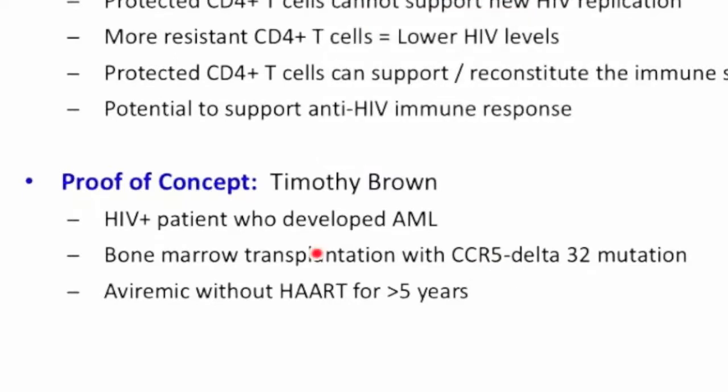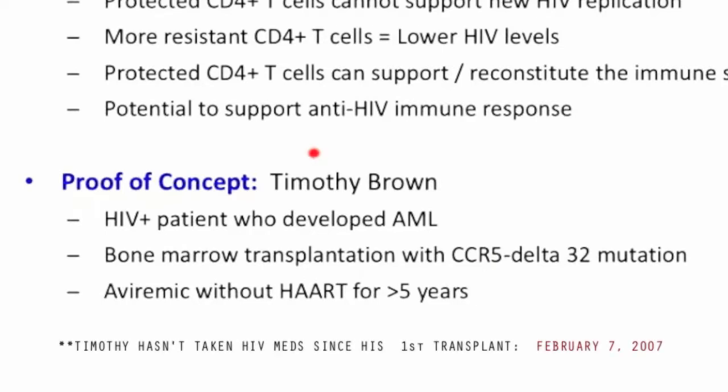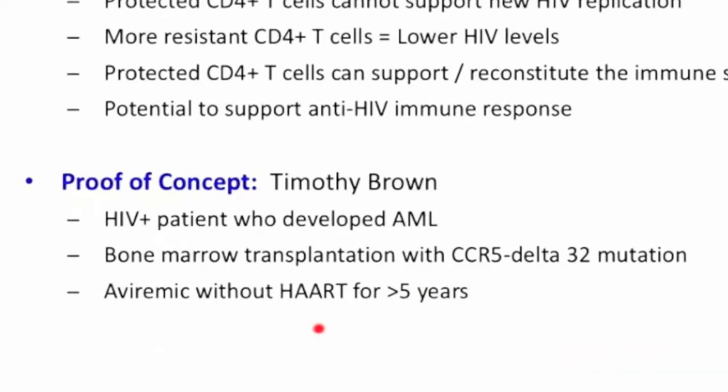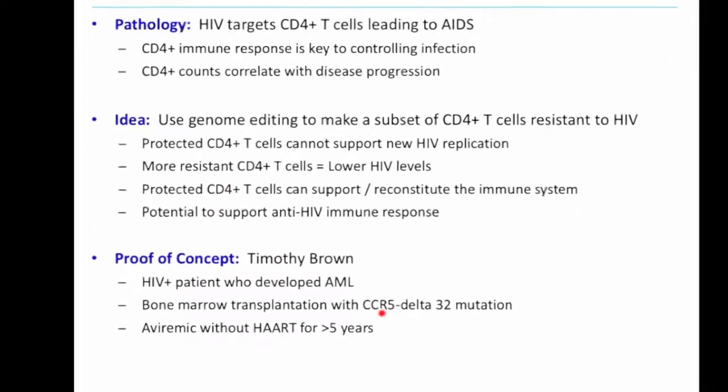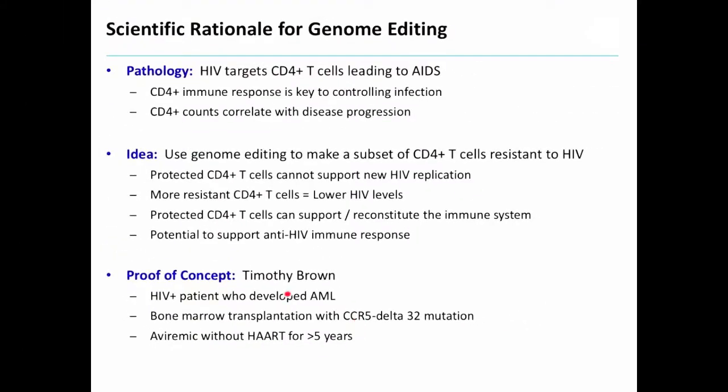And so the cells that he received had no CCR5 on their cell surface, and he's remained aviremic now without the requirement for being on antiretroviral medication for over 5 years. And so this suggests a path for eliminating CCR5 as a target in appropriate cells to achieve a control of HIV.